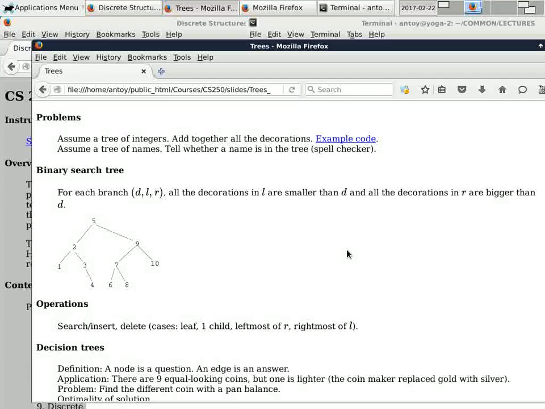So, here the question is: A less than B? And now you have two possibilities, right? True or false. If A is less than B, you know that B is not the smallest, because A is smaller than it. So here you compare A and C, and this is true or false. If A is less than C, who is the smallest?